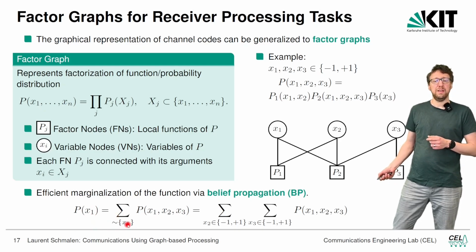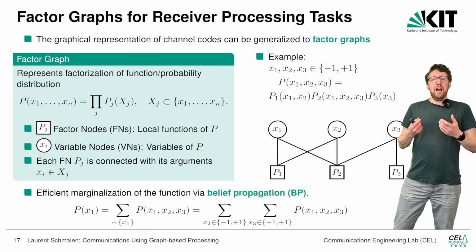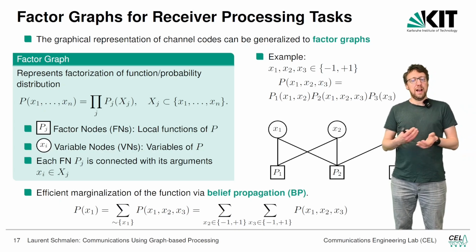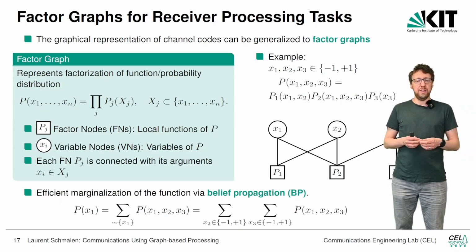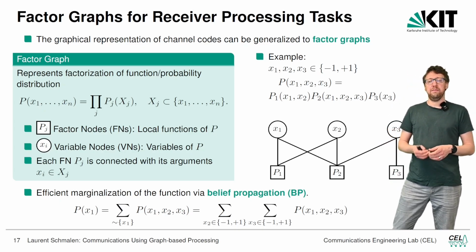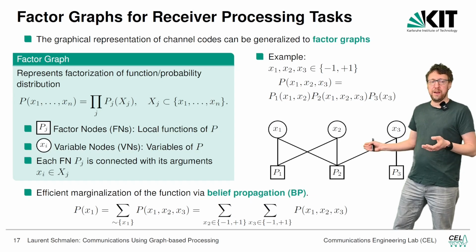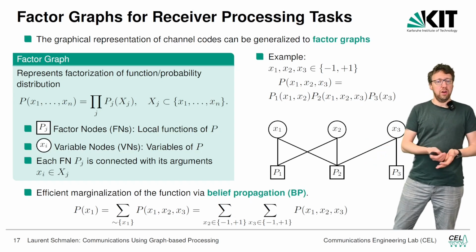So the marginal p of x1 is defined as the sum over all possibilities of all the other variables except x1, summing up this function. The belief propagation algorithm is a very efficient tool for calculating this marginalization, and it gives us this result in very little complexity. And if this factor graph has no cycles, it's even the optimal way.